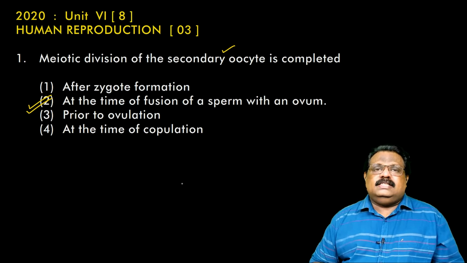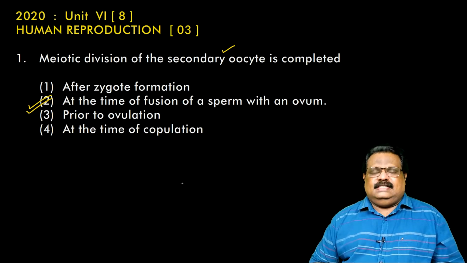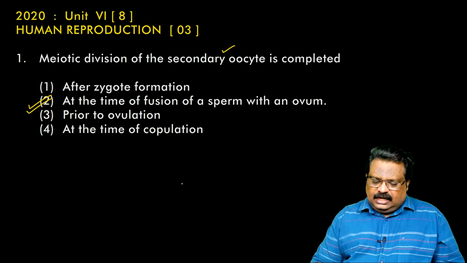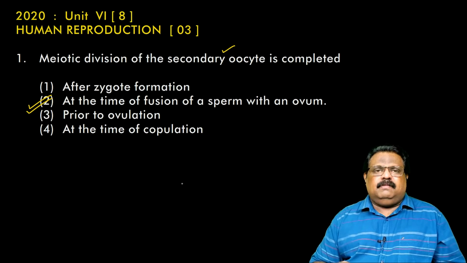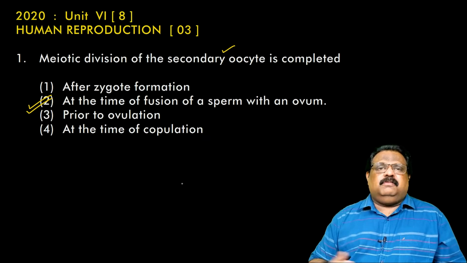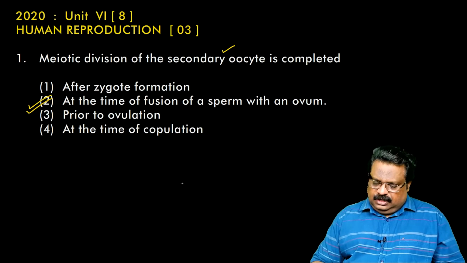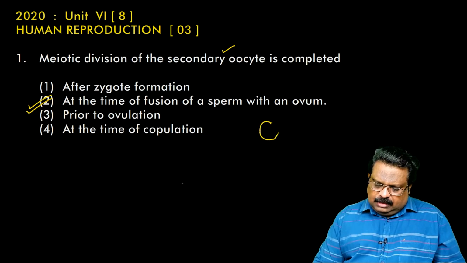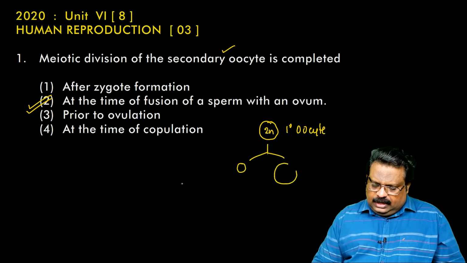The polar bodies are produced during fertilization. So when the secondary oocyte is divided by meiosis, the secondary polar body is produced, right? The primary oocyte is diploid. That divides by the first stage of meiosis producing a primary polar body and a secondary oocyte. The secondary oocyte is haploid.